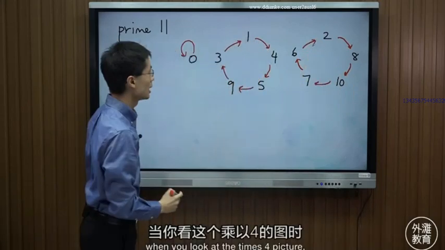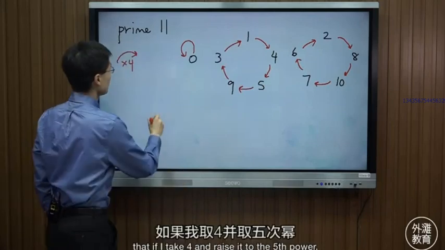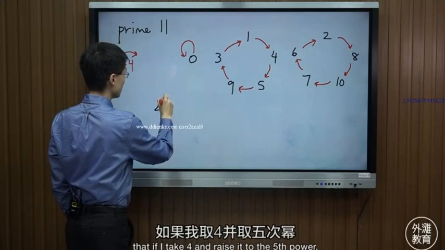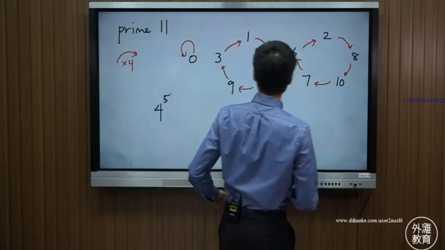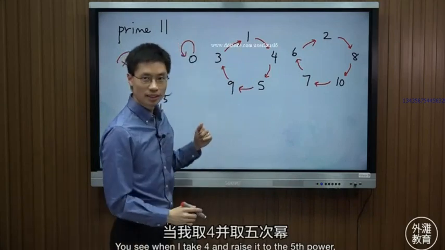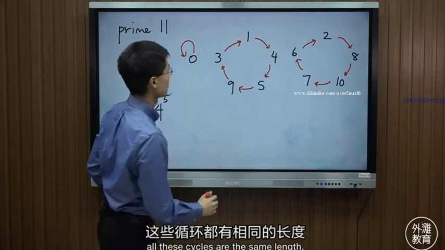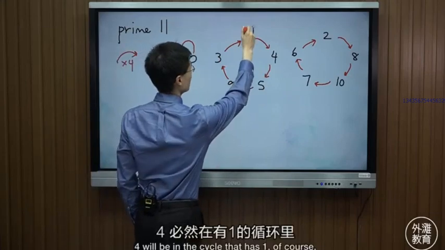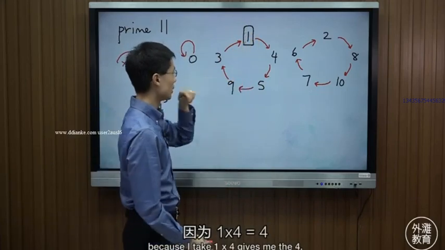When you look at the times 4 picture, then you also immediately see that if I take 4 and raise it to the 5th power, something interesting happens. When I take 4 and raise to the 5th power, all these cycles are the same length. 4 will be in the cycle that has 1, of course, because 1 times 4 gives me the 4.